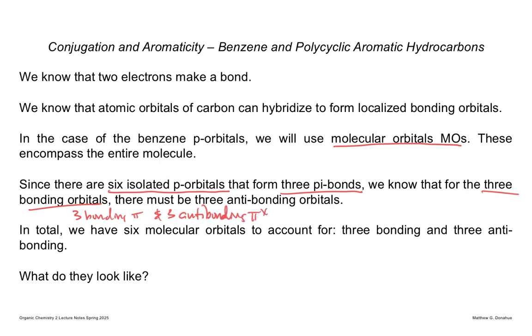So those are pi star. The little asterisk means antibonding. So these are the lowest unoccupied molecular orbitals. They'll have no electrons in them. The bonding are the highest occupied molecular orbitals, so they'll have electrons in them.